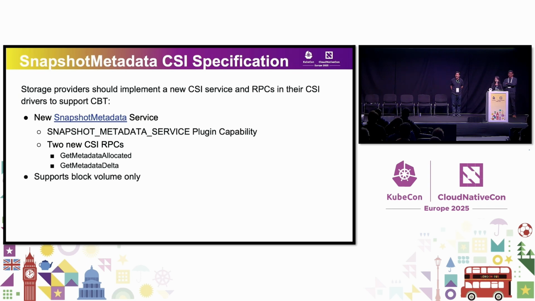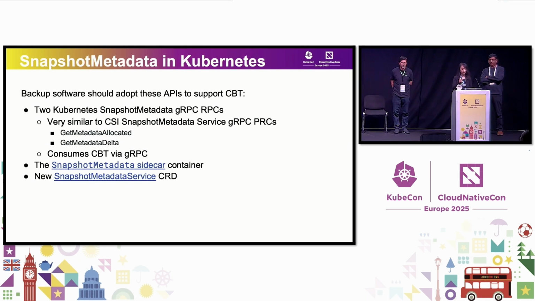GetMetadataDelta retrieves the metadata for the changed blocks between 2 snapshots of the same block volume. Now this feature supports block volume only. Support for file volume is out of scope for this design, but we can consider that in the future.